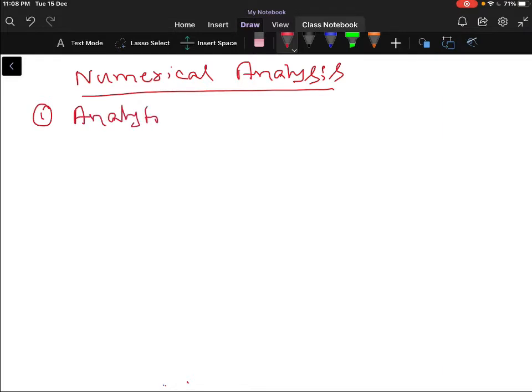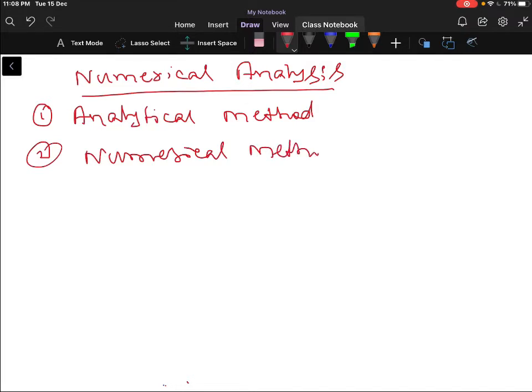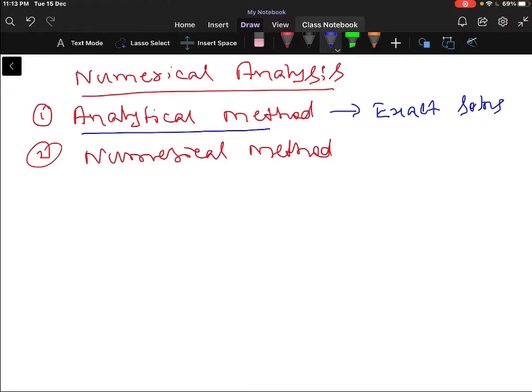analytical method, and the second one, numerical method. The analytical method gives exact solutions, whereas the numerical method gives the approximate solution.